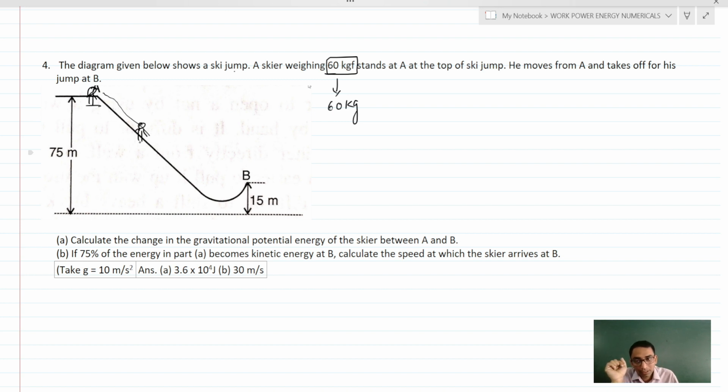After some time, the skier may be somewhere over here. So height above the ground is definitely less than 75 meters. In the same way, when he comes here, then he is going to jump in this way.